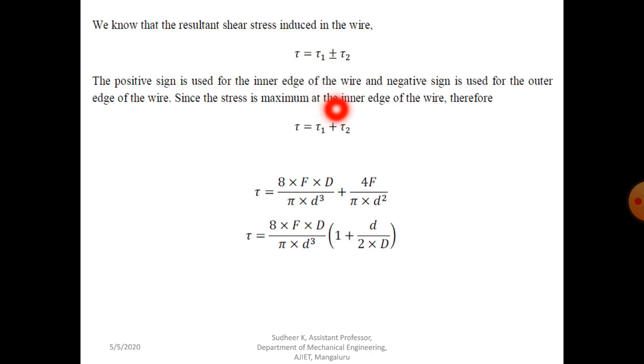So the stress in the spring wire on account of all these factors is tau. The positive sign is used for the inner edge of the wire, and the negative sign for the outer edge. Since stress is always maximum at the inner edge of the wire, tau is given by tau 1 plus tau 2.